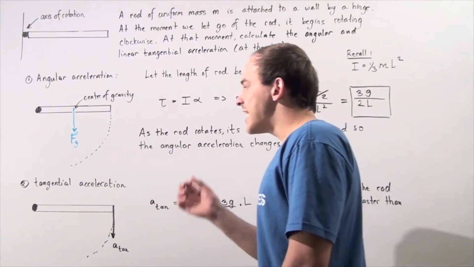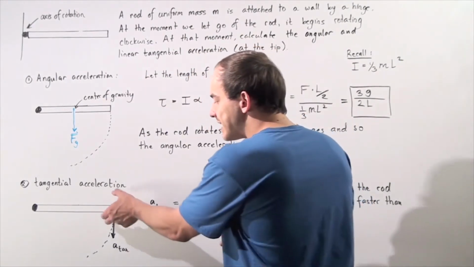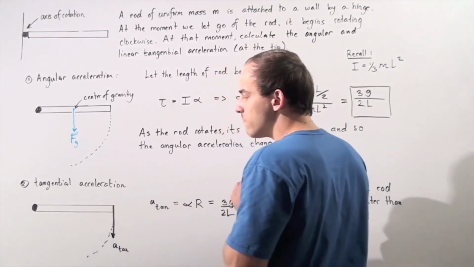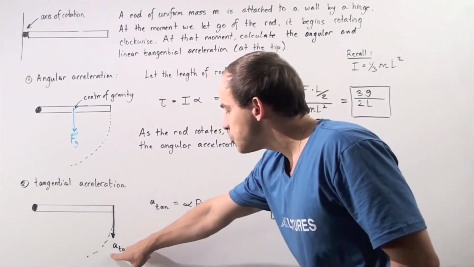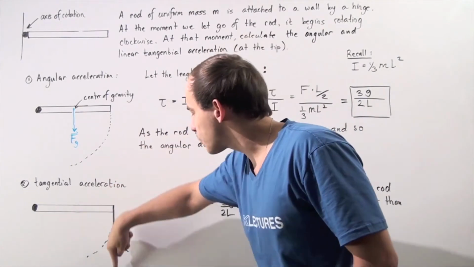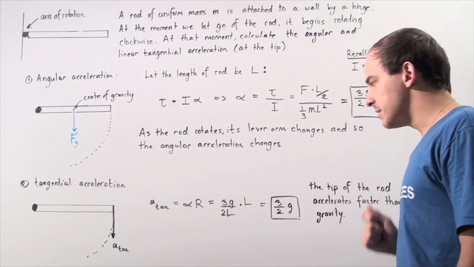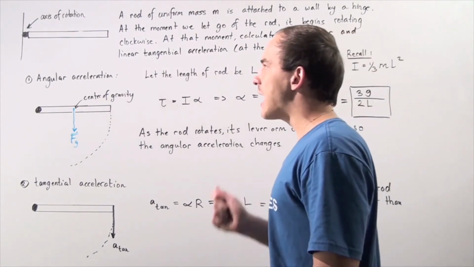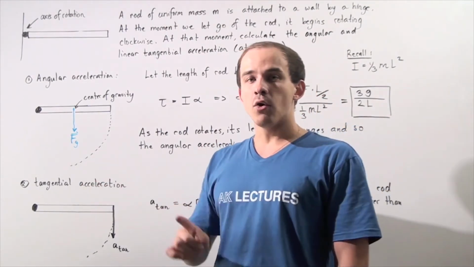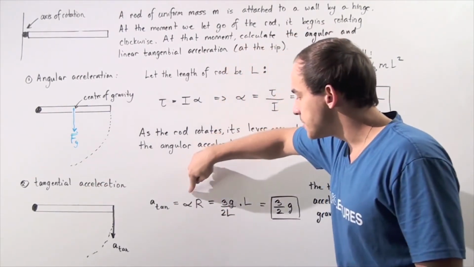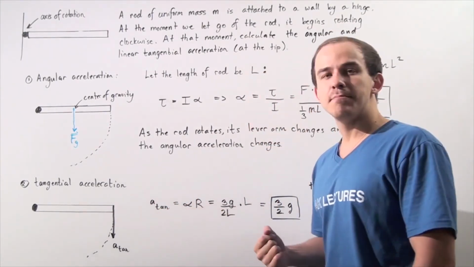Let's find the tangential acceleration of the object at the tip. Once again, at the moment that we let go of our rod, the rod begins to rotate, and at that moment, our tangential acceleration points in the same direction as the force of gravity. The formula for tangential acceleration that relates our lever arm, our distance, and our angular acceleration is a tangential equals alpha multiplied by r.